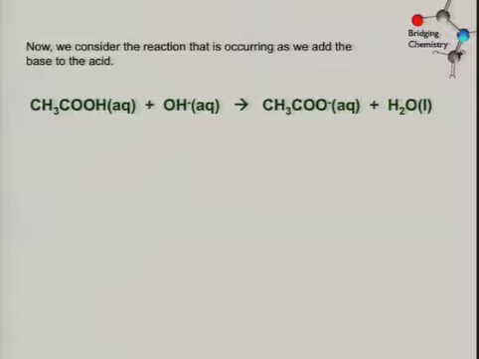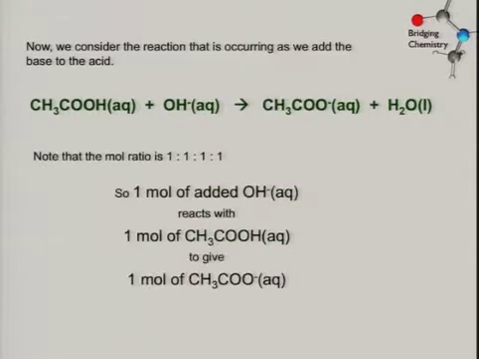Now we consider the reaction that is occurring when we add the base to the acid. And so here's the reaction that happens. The ethanoic acid reacts with the base. So when you add the hydroxide ions, they react with the ethanoic acid to make ethanoate and water. Oh look, we're really dragging this out.